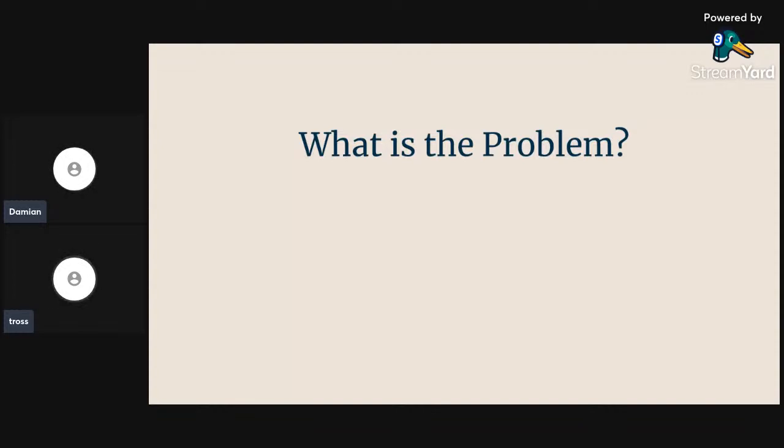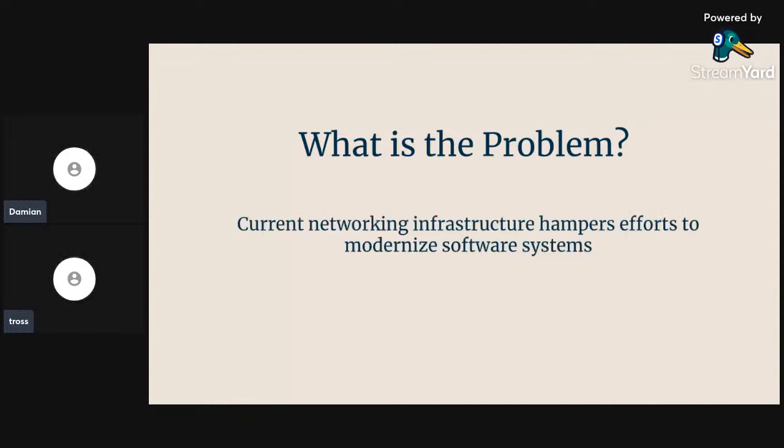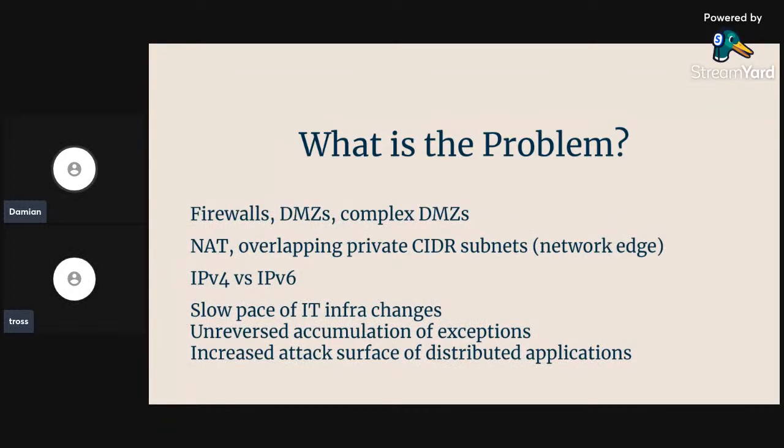So what is the problem? The problem is that current networking infrastructure hampers efforts to modernize certain software systems. Does anybody agree with that, or not? Let me just make some points here. Firewalls, unauthorized zones, complex DMZs, like multi-layer DMZs where you have internal and external, network address translation, overlapping private subnetworks, particularly at the network edge.